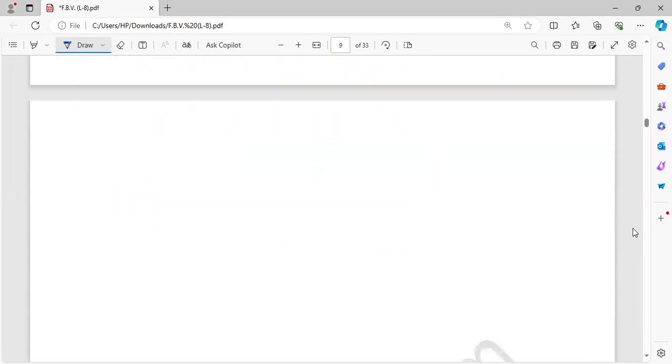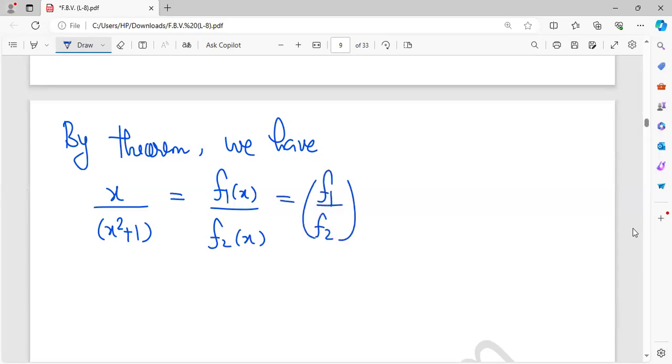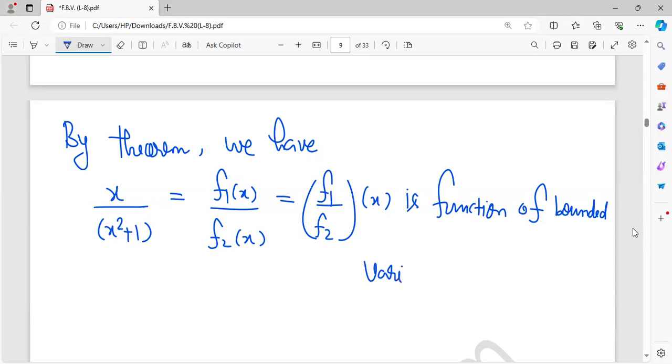Now by the theorem, we have x upon x square plus 1 is equal to f1(x) upon f2(x), that is f1 upon f2 (x), is a function of bounded variation on the closed interval [a, b].